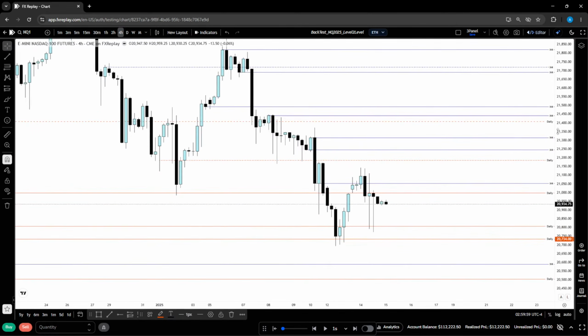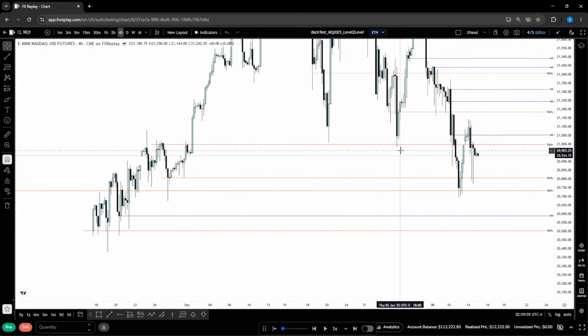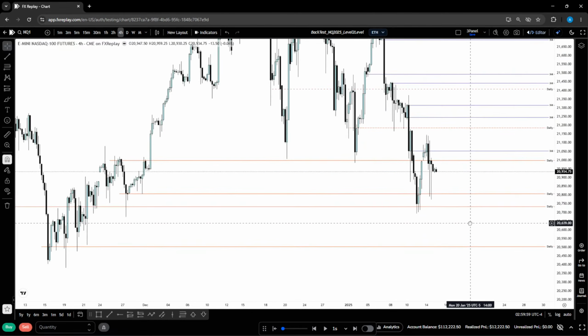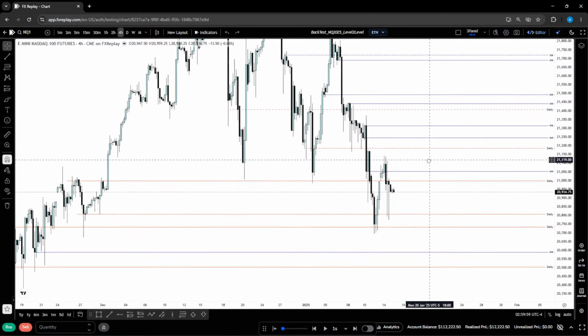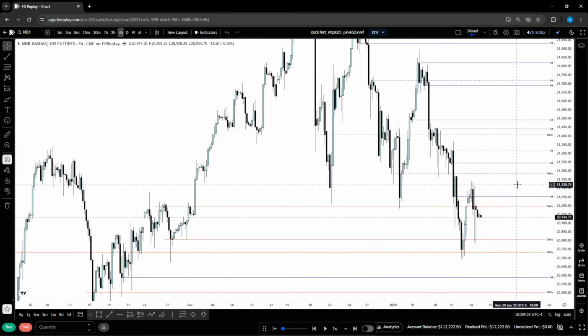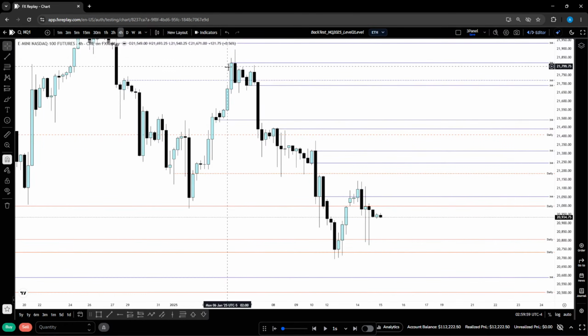Hour. So the leg, the dominant leg that we are tracing off of now is this leg.